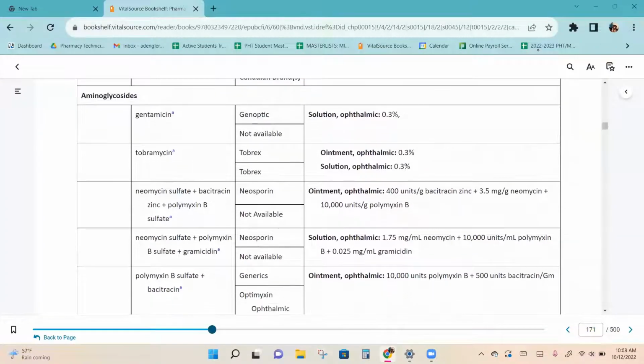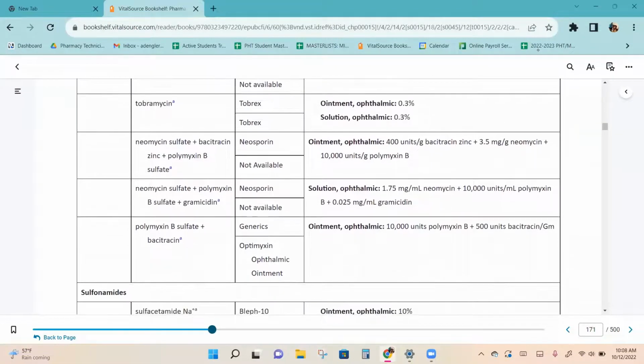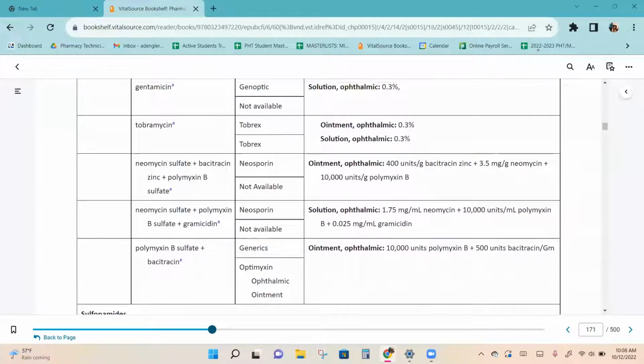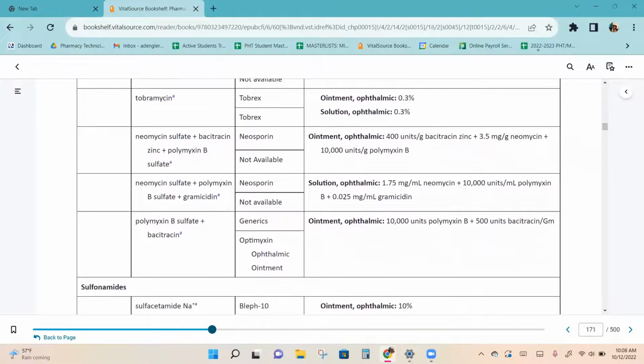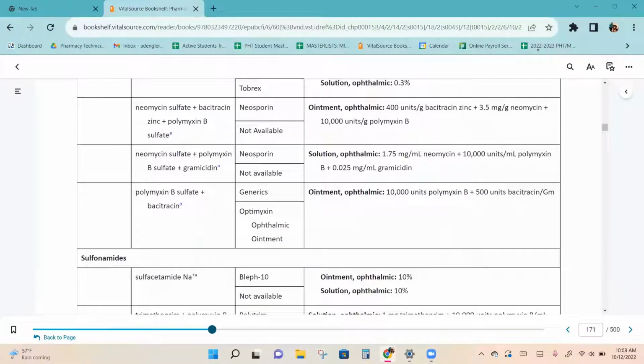Tobramycin comes in an ointment and a solution. Neosporin, which is the eye Neosporin, neomycin sulfate, bacitracin zinc, and polymyxin B sulfate, comes in an ointment and a solution with a little bit different ingredients. It has the medicine in it.